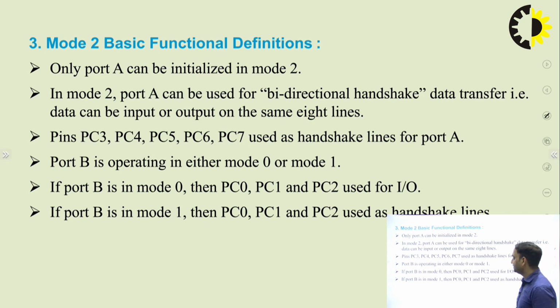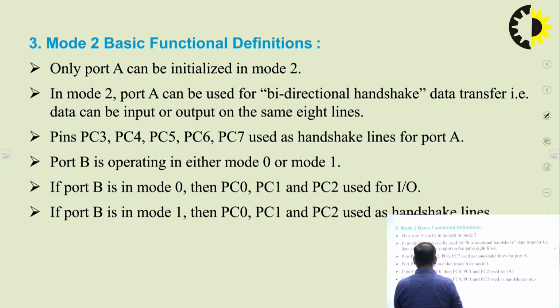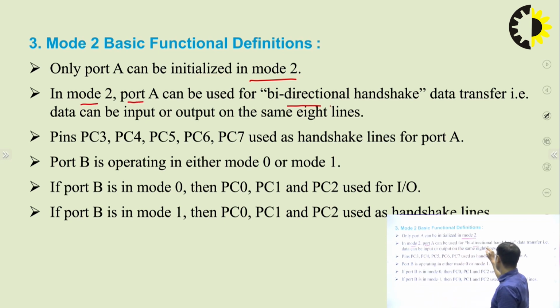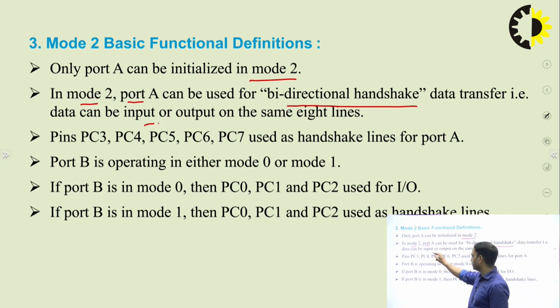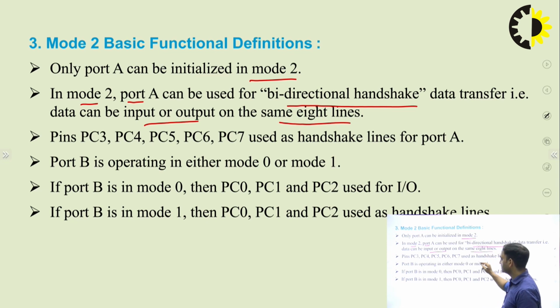Mode 2, the basic functional definition: only port A can be initialized in mode 2. In mode 2, port A can be used for bidirectional handshake data transfer. That means data can be input or output on the same 8 lines.